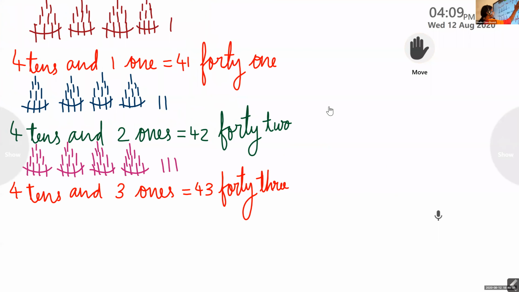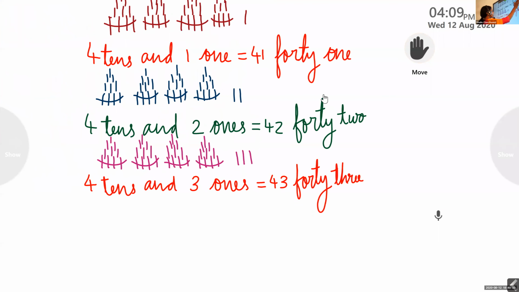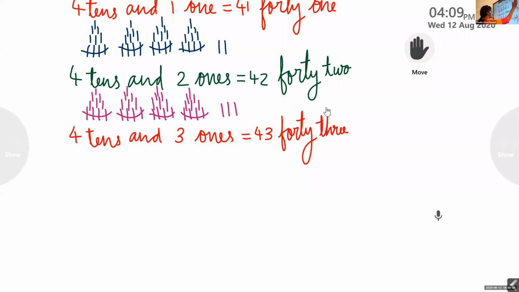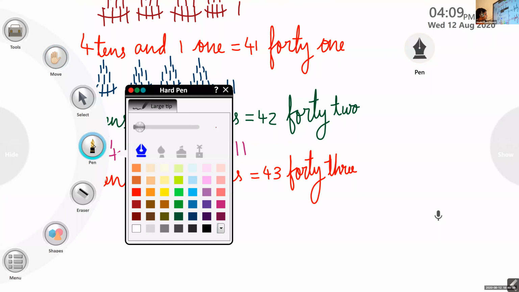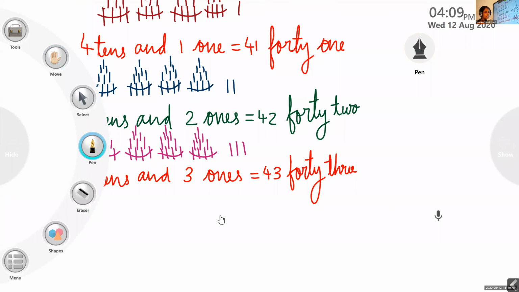So we have 43. What is the next number? 44. How many tens and how many ones? 4 tens and 4 ones.